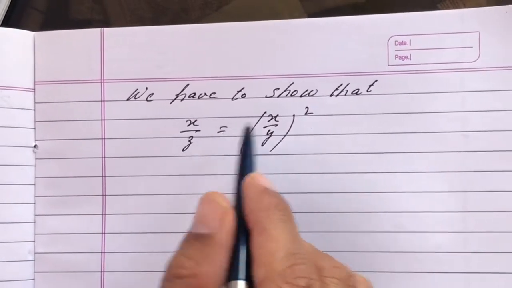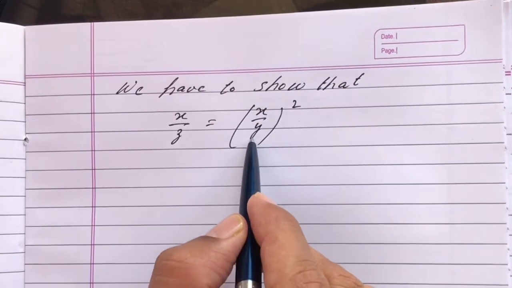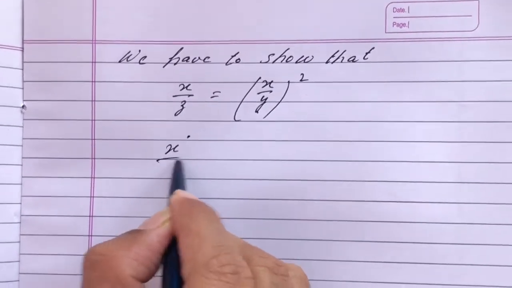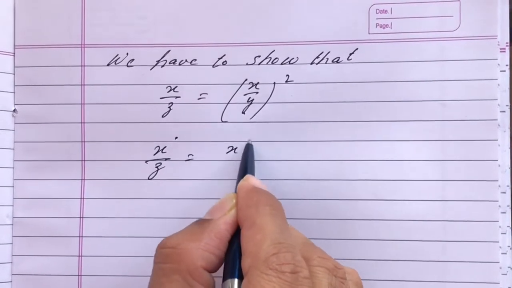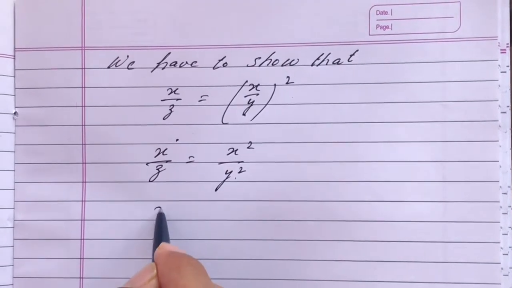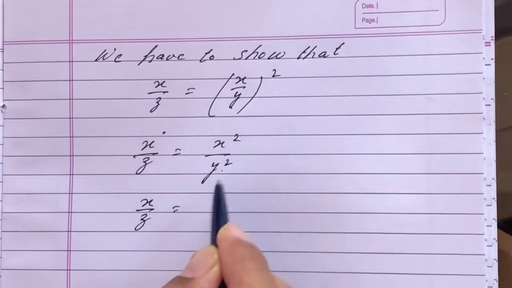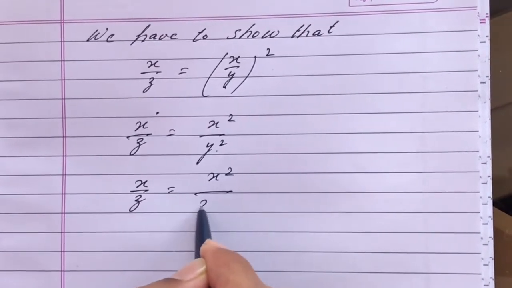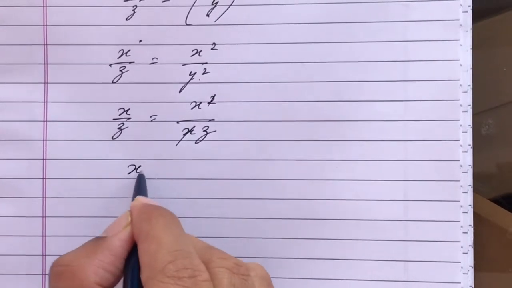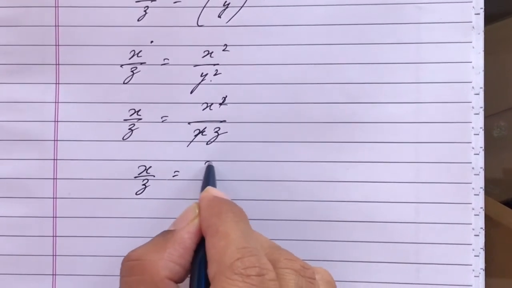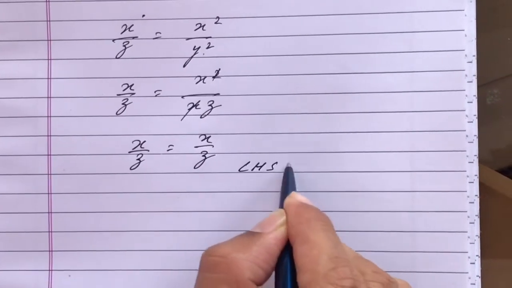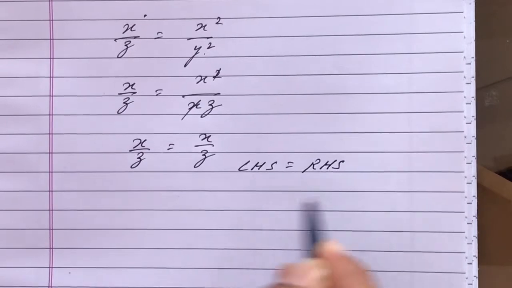The ratio of first to third is the duplicate ratio of first to second, that we have to show. X upon z is x square upon y square. So y square is xz. X upon z is x square upon xz. This x cancels with x. So x upon z is equal to x upon z. So LHS is equal to RHS, hence proved.